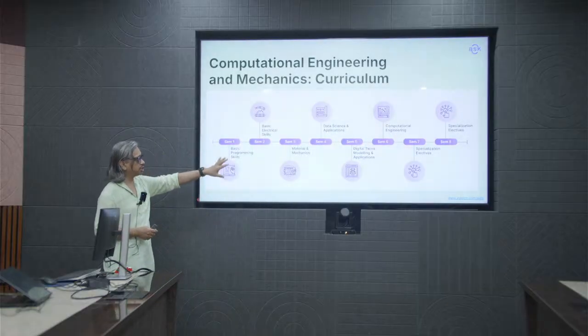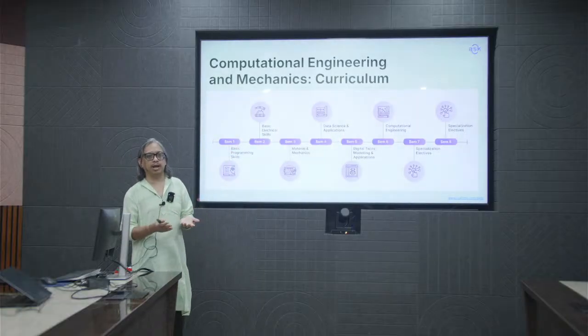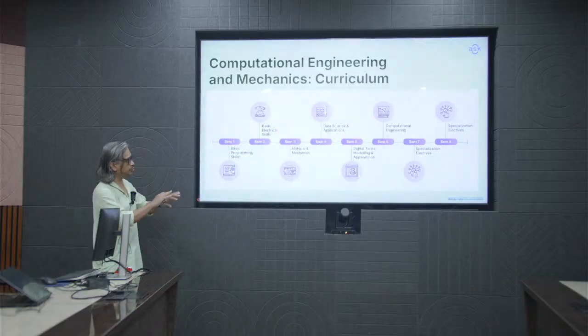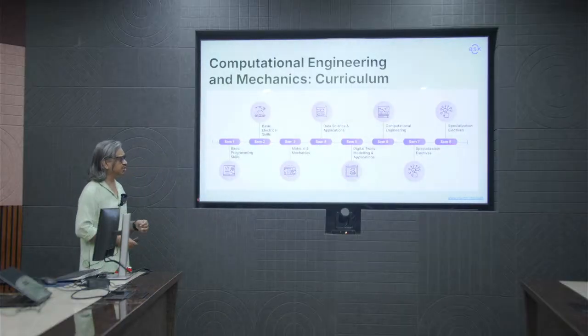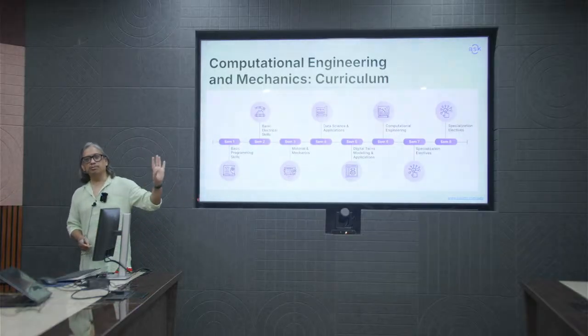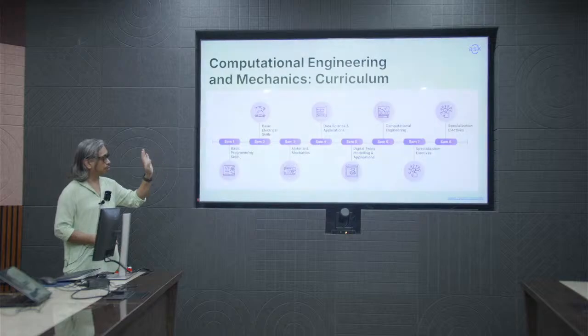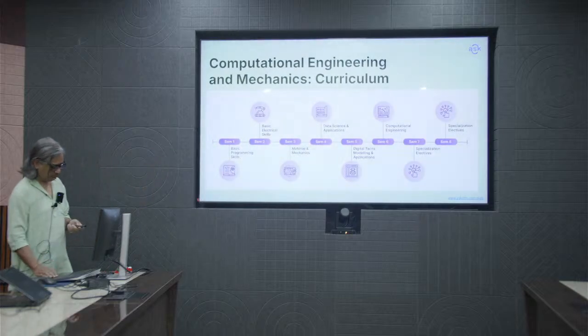So that's why CEM 6, we have only electives and only 4 electives, which if you are planning to go for an internship, you can distribute those 4 courses to some other semesters. CEM 7 and CEM 8 are just electives. So basically by semester 5, you are done with all the core courses that are required.